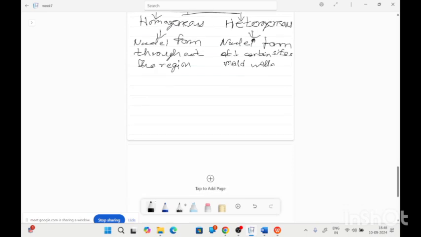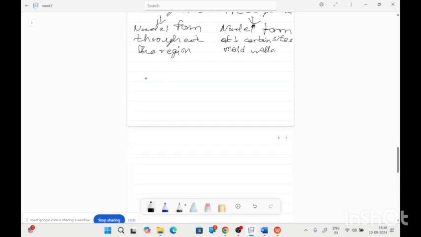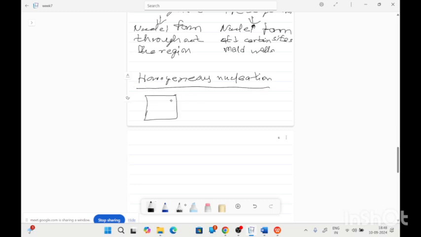For homogeneous nucleation, assume a liquid in which a solid nuclei will form.